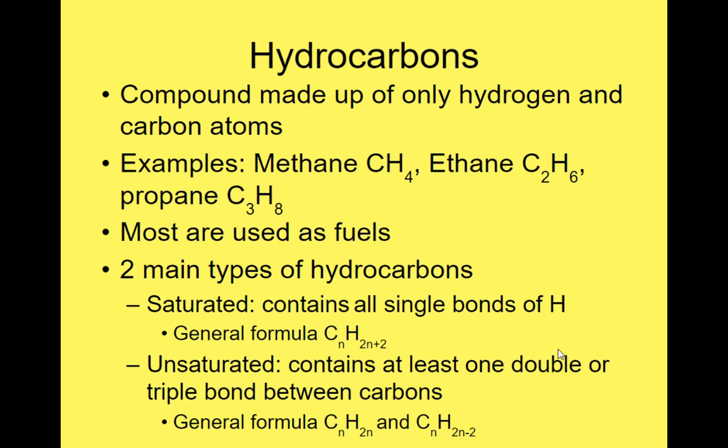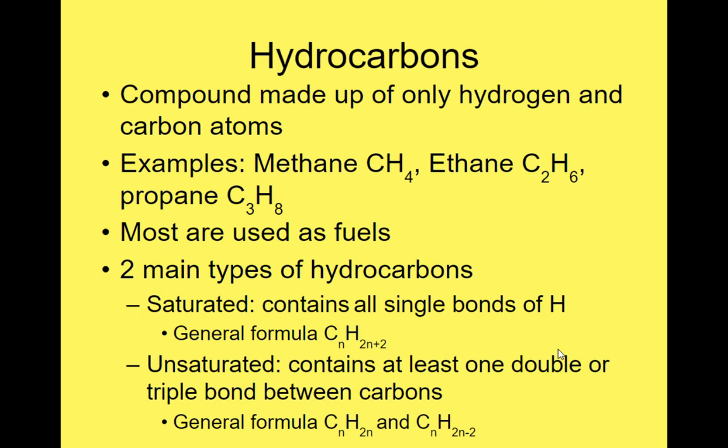It's much, much easier to do this than if I said, how many hydrogens are in a compound that has 12 carbons? Draw them all out. That's going to take you a minute or 2, whereas I can just say 26, because 12 times 2 is 24 plus 2 is 26. It's the same thing with double or triple bonds. If you have double bonds, you use CnH2n, and all you do is multiply.